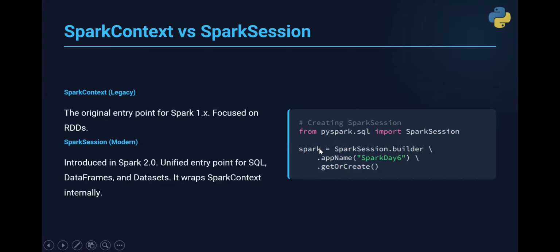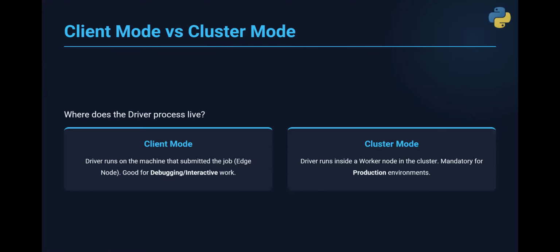A Spark session object will be created, and using this you submit all your Spark jobs, with spark dot and so on. And the Spark driver, which is going to manage the entire Spark cluster, can be in client mode or cluster mode.